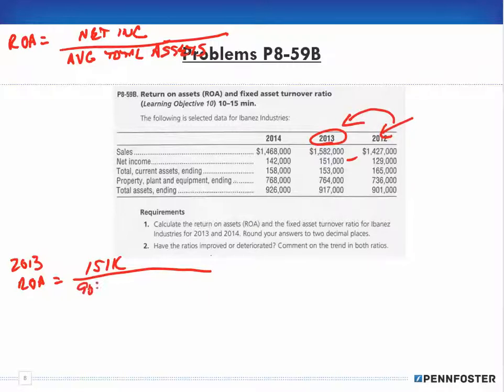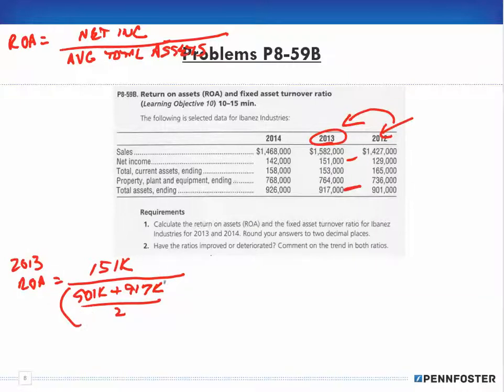So I have 901,000 plus the end of 2013 of 917,000, and I divide all of that by 2. Let me write this out a little bit cleaner. So I have 151,000 over 901,000 plus 917,000, all divided by 2 because it's an average.